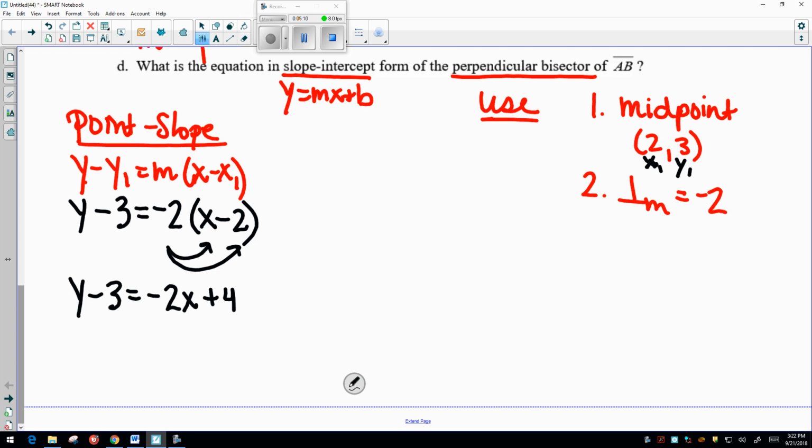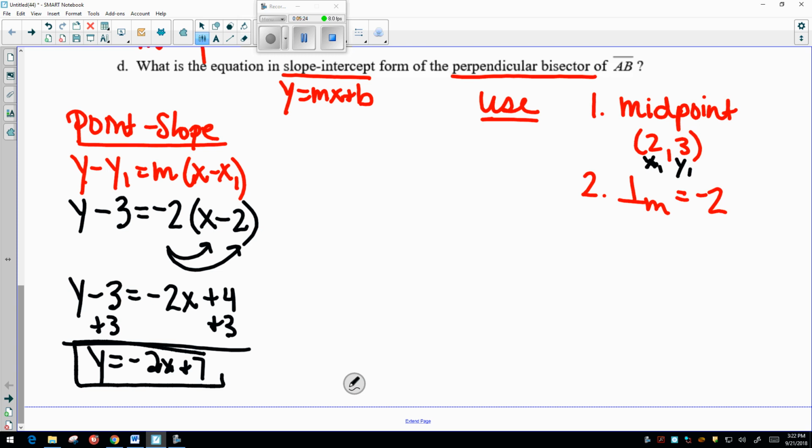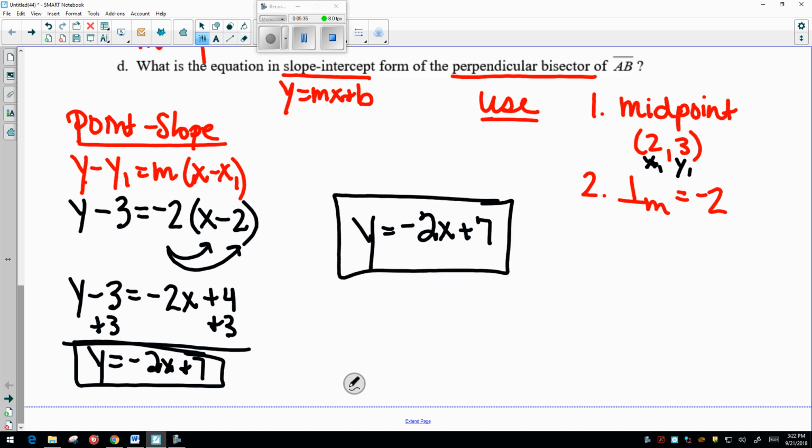In slope-intercept form we want y by itself, so taking one step more, we add 3 to each side, and we now have the equation y equals -2x plus 7. This is the equation of our perpendicular bisector to that given line segment in the graph.